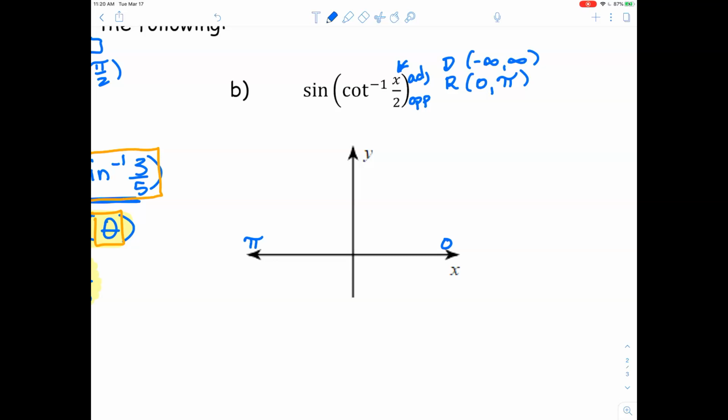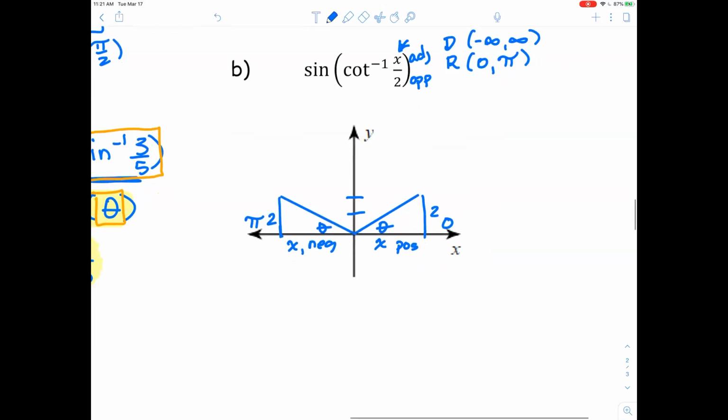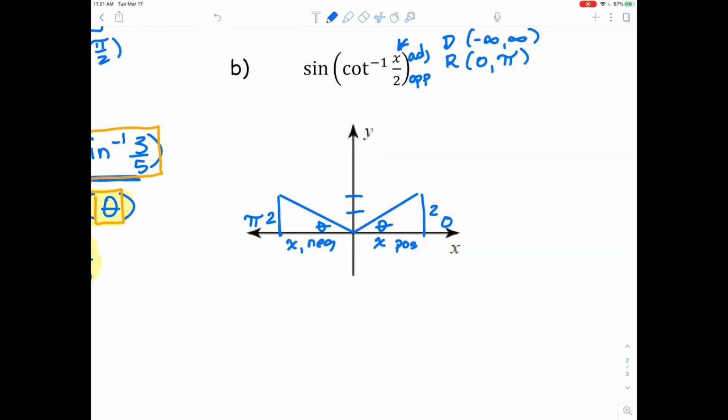So I know I'm in a quadrant between 0 and pi. Okay, and so I know that my opposite is 2, but I don't know what my adjacent is. So I'm just going to call this x positive and call this x negative because I don't know. And so I'm going to draw both of those reference triangles there, and I'm going to name this one theta and this one theta because they are the same size. One is just on the left side of the coordinate plane and one is on the right.